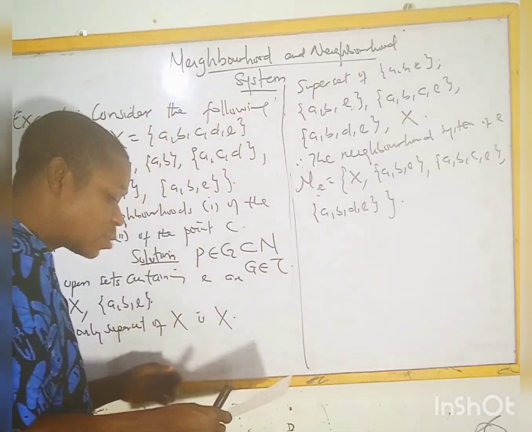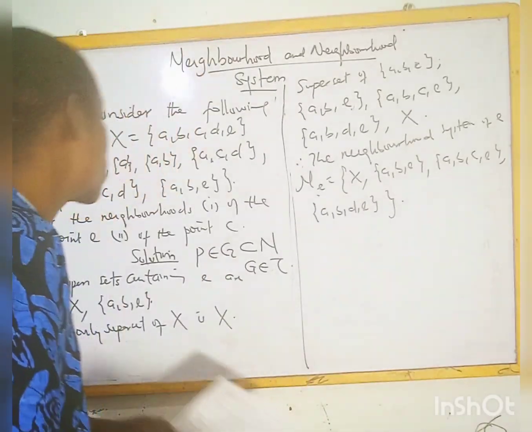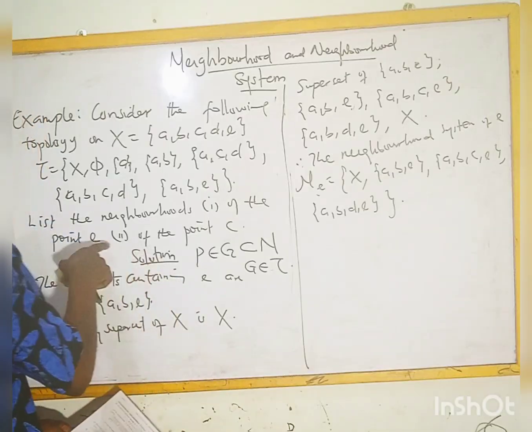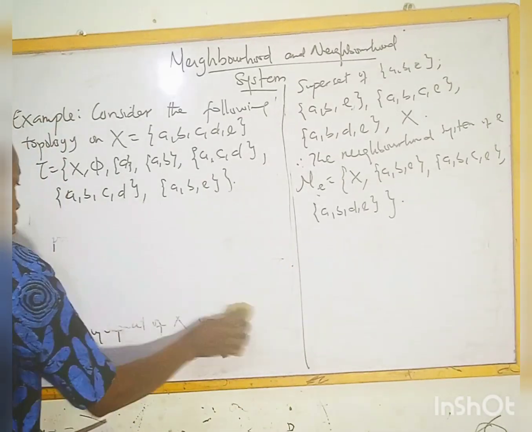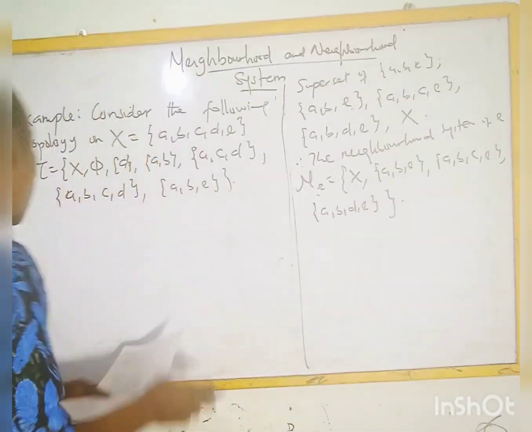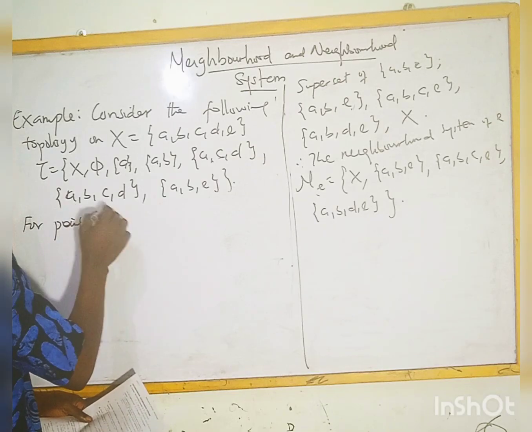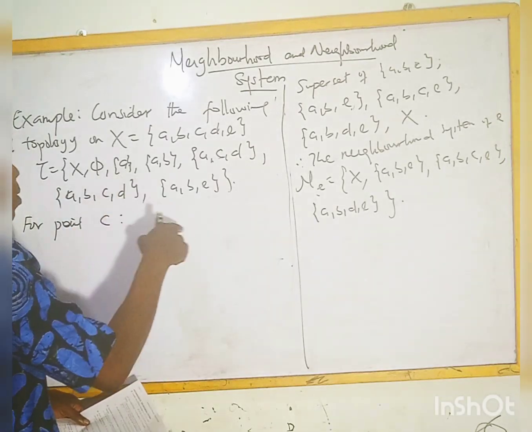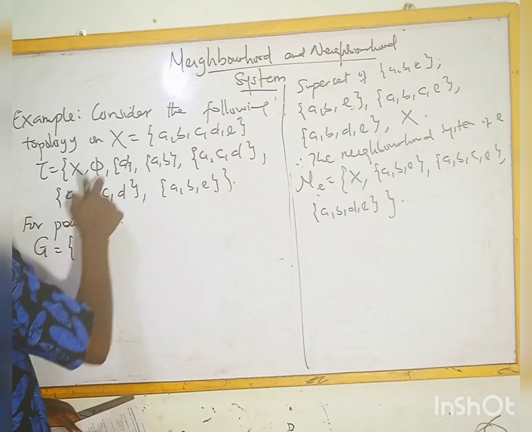Now, the next thing we'll look at is the second one, C. What about the neighborhood system of C? For point C, what are the open sets that contain C? Let's check.